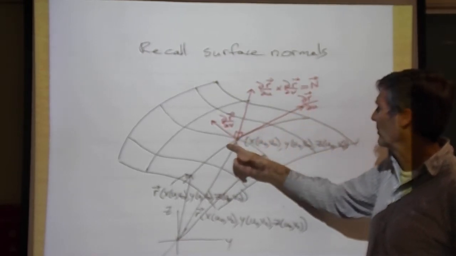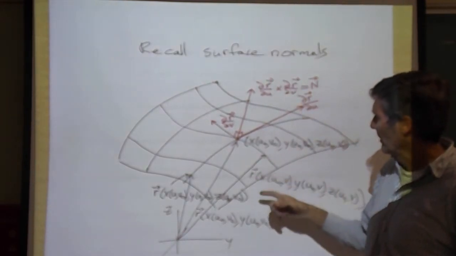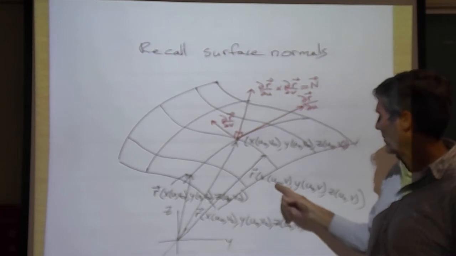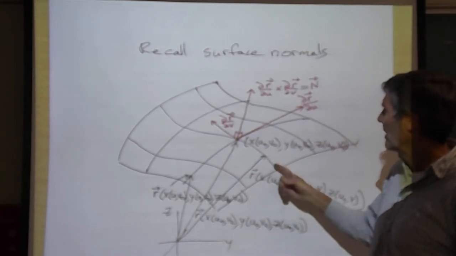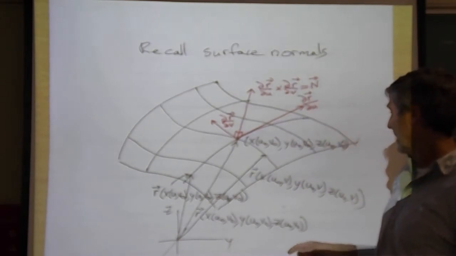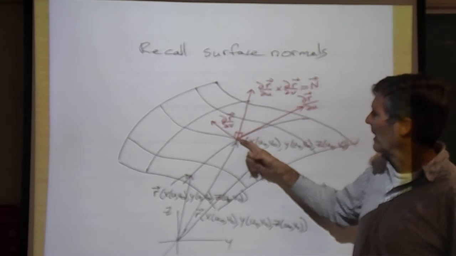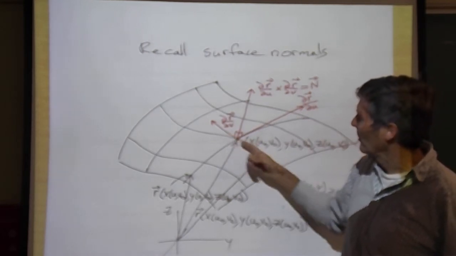It points tangent to this curve in the direction of increasing u. Similarly, if we hold u fixed at u0 and let v vary, then we get a curve like this coming through here, and dr dv points tangent to that curve.